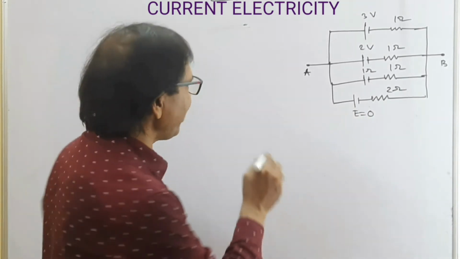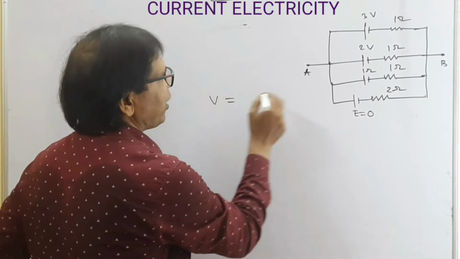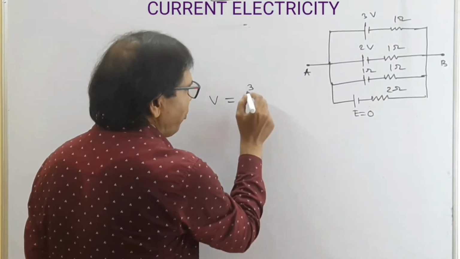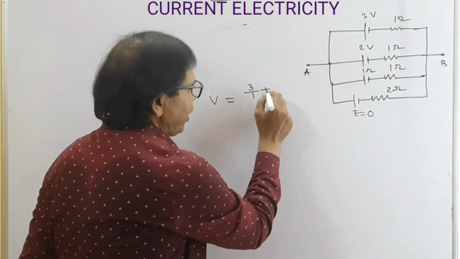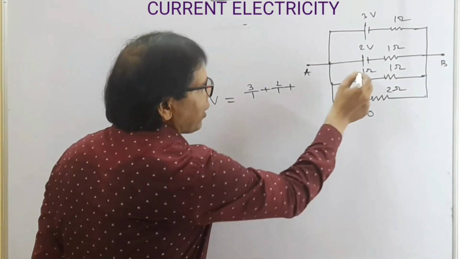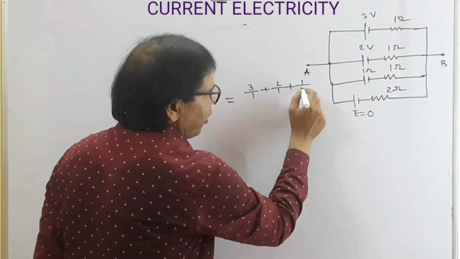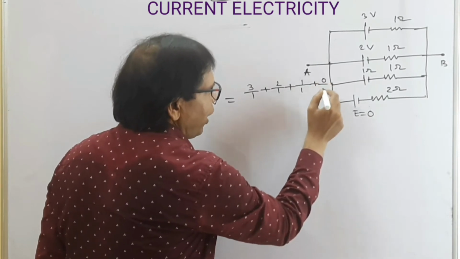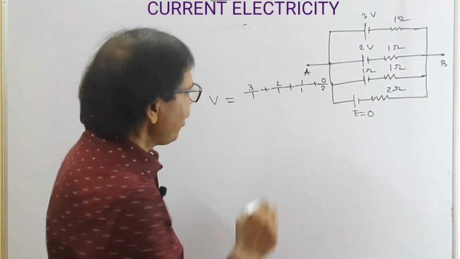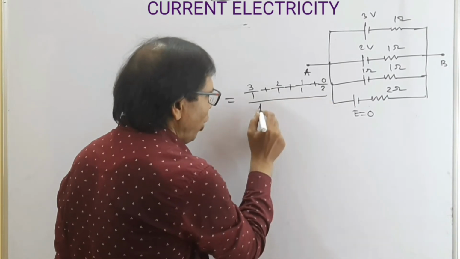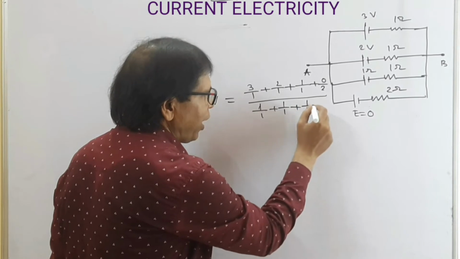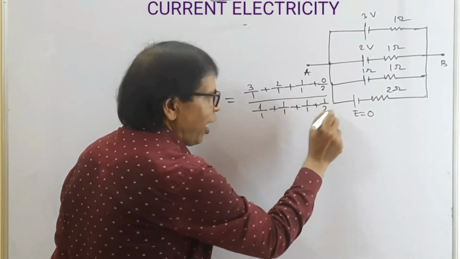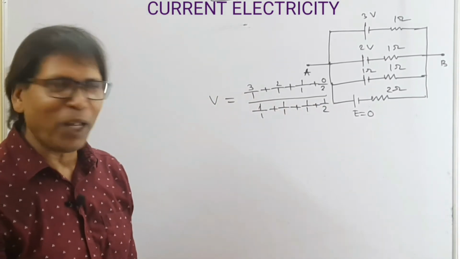Now terminal potential difference V equals E1 by R1 plus E2 by R2 plus E3 by R3 plus E4 by R4, whole divided by 1 by R1 plus 1 by R2 plus 1 by R3 plus 1 by R4.